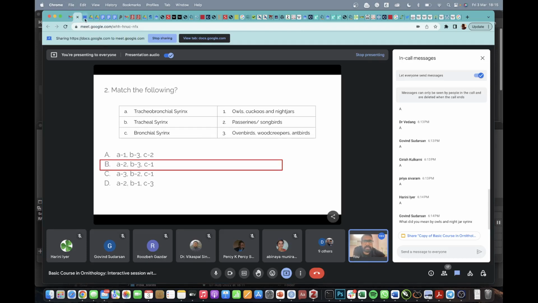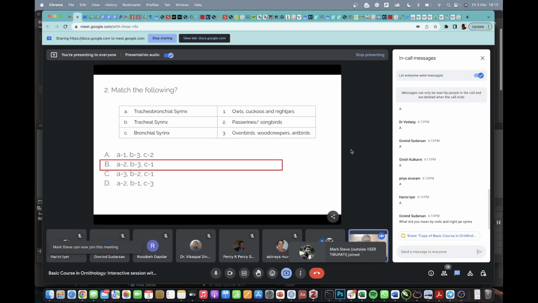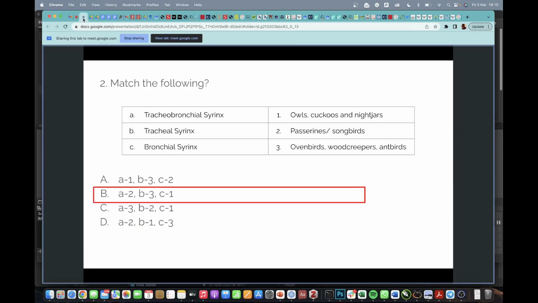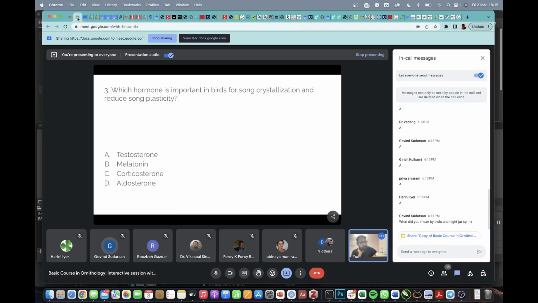I didn't particularly say anything about the owls and the nightjar calls. It's just that it's in the bronchial part of the windpipe. Sorry, Govind, I really can't make out what you want to say.